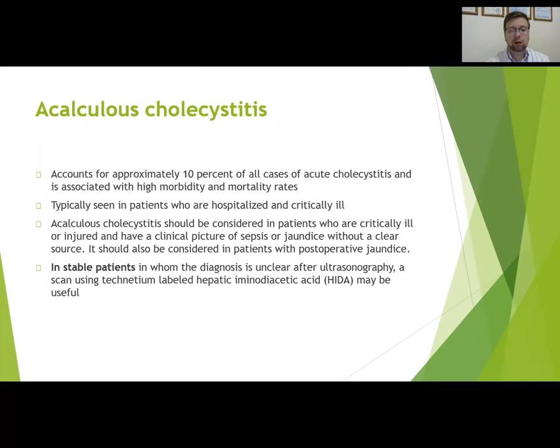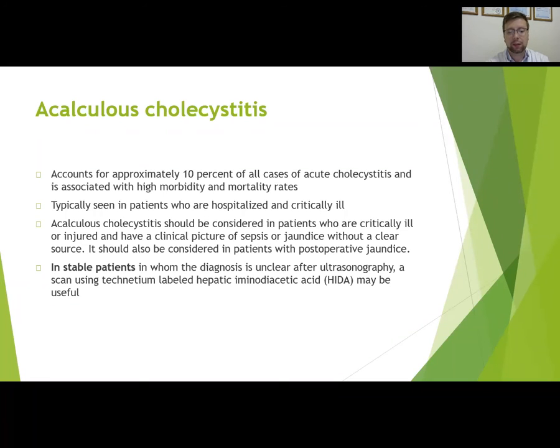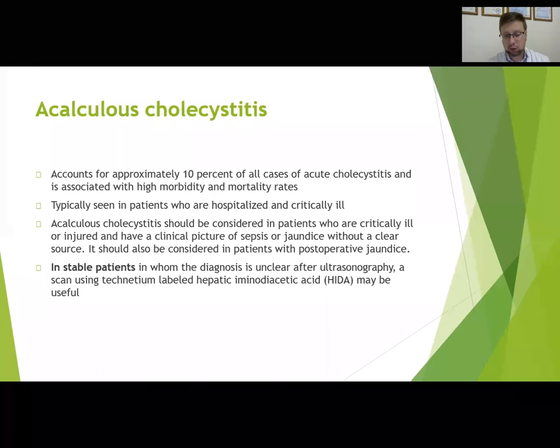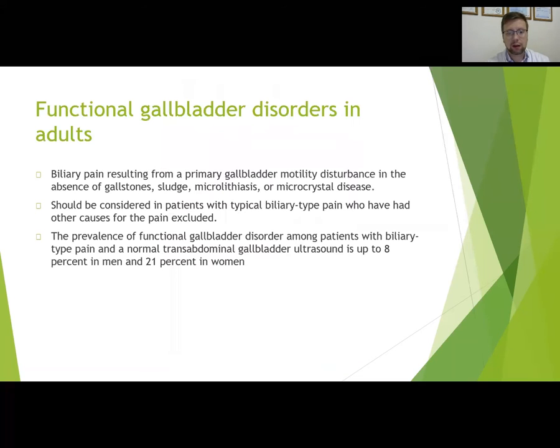It should be considered in patients with postoperative jaundice. In stable patients in whom the diagnosis is uncertain after ultrasonography, a scan using technetium-labeled hepatic iminodiacetic acid, HIDA, may be useful. Here we can see the risk factors for acute acalculous cholecystitis, a lot of them. I will not stop on every factor.